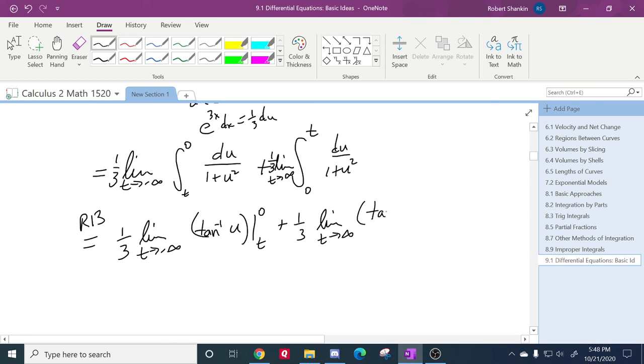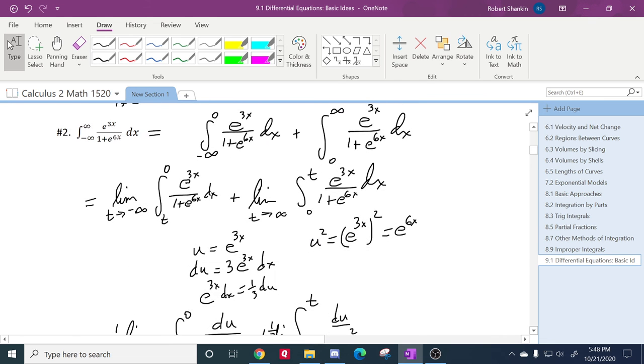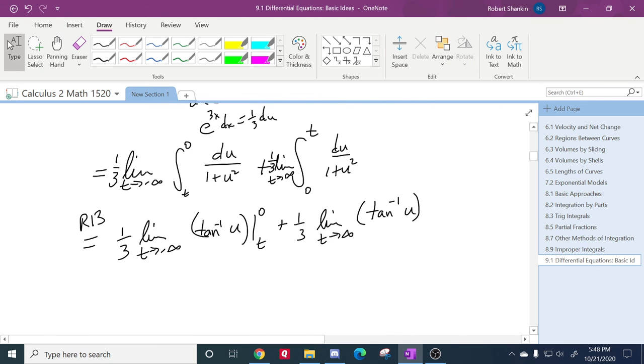We're going to get the inverse tangent of u. Now, these were x's, by the way. Let me emphasize that with red. X equals.